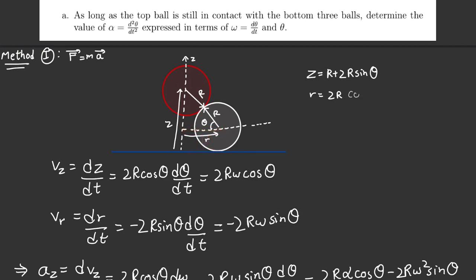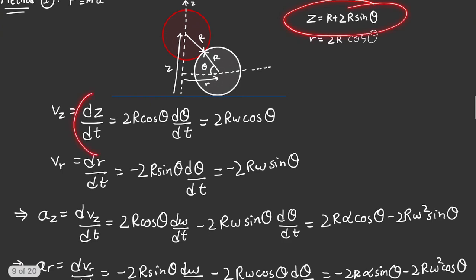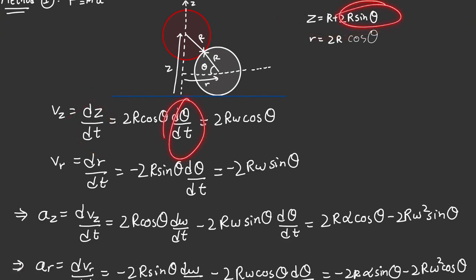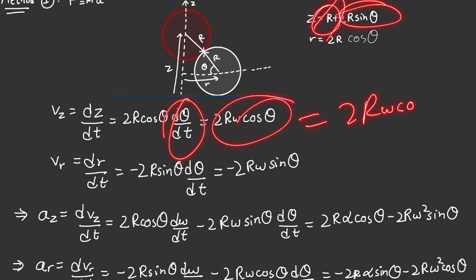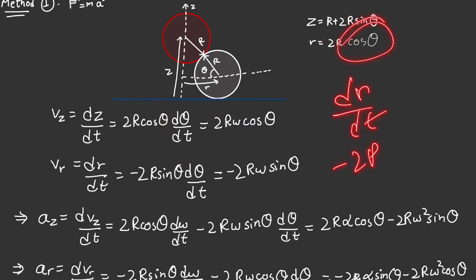So you differentiate dz by dt, you get 2r cos theta d theta by dt, which is nothing but 2r omega cos theta. Now you differentiate dr by dt, you will get minus 2r sin theta d theta by dt, which is nothing but minus 2r omega sin theta.